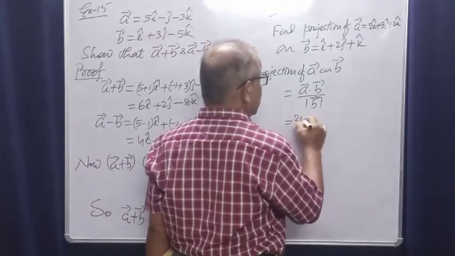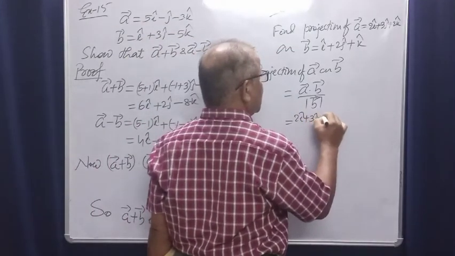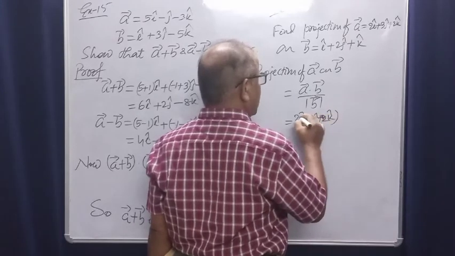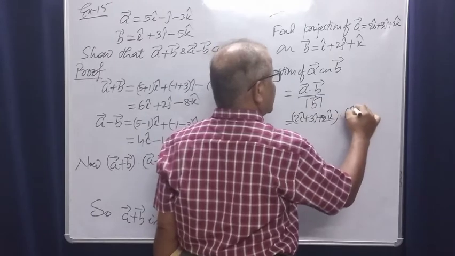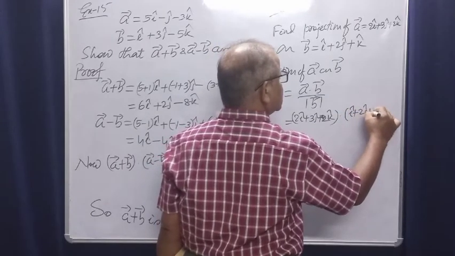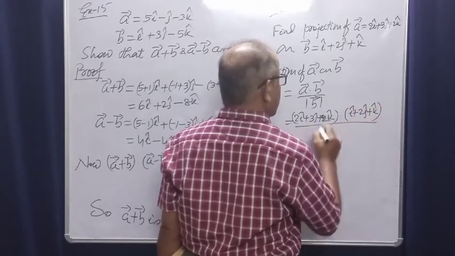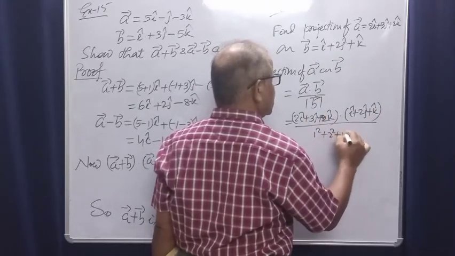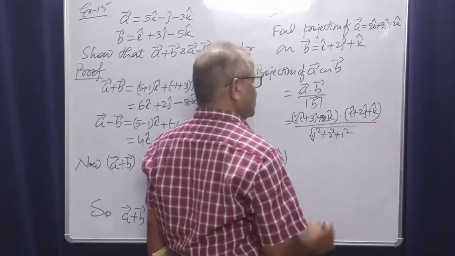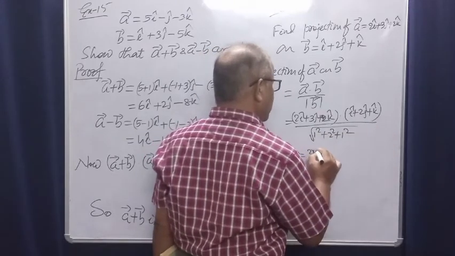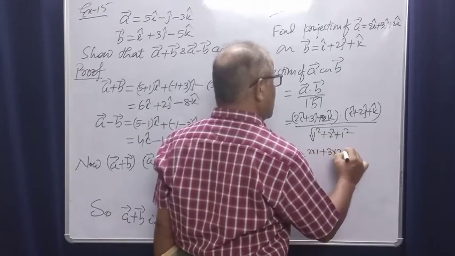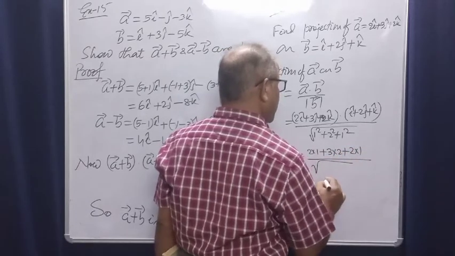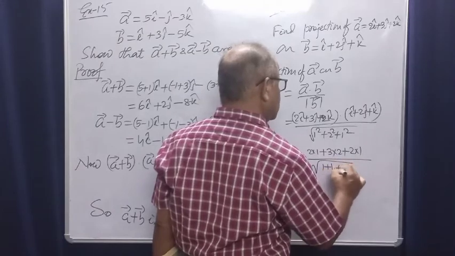It is 2i cap plus 3j cap plus 2k cap dot i cap plus 2j cap plus k cap by magnitude of B. It will be square root of 1 square plus 2 square plus 1 square. So this is equal to 2 into 1 plus 3 into 2 plus 2 into 1 by square root of 1 plus 4 plus 1.